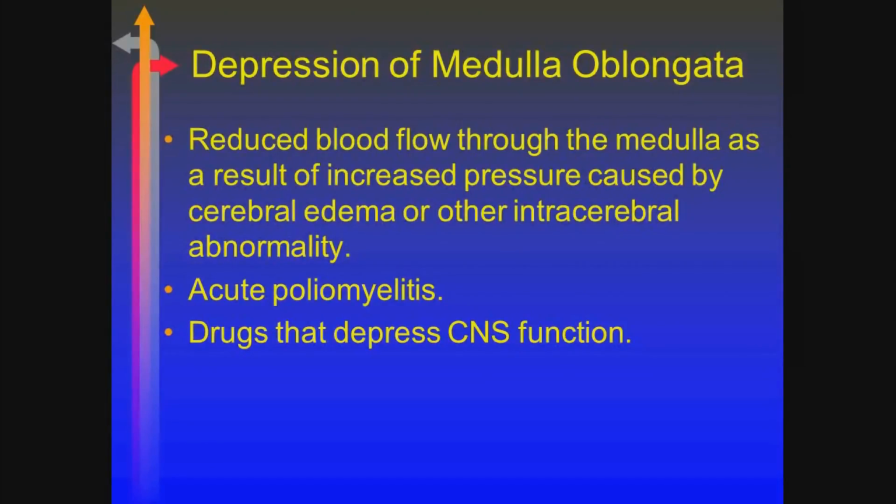So what ends up happening is the swelling brain begins to push the medulla oblongata through the foramen magnum, which there's not enough space for it. So the foramen magnum compresses the medulla oblongata, blood flow to that area is cut off, that tissue dies. Okay?